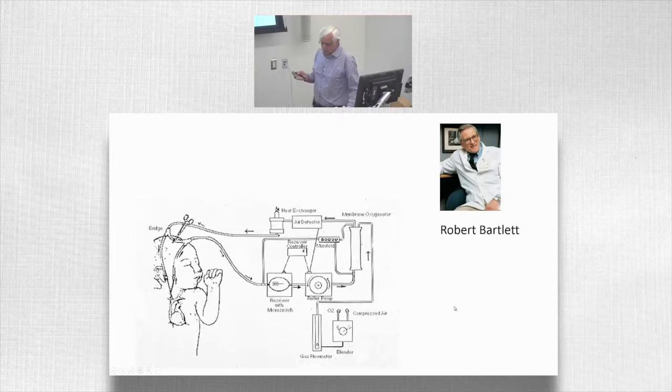And at the time when they did the adult study, he was working in California. He moved to the University of Michigan at Ann Arbor, and he pioneered this technology for the use of neonates with acute hypoxic respiratory failure. So these were typically patients with meconium aspiration syndrome, PPHN, who were dying of hypoxemia.